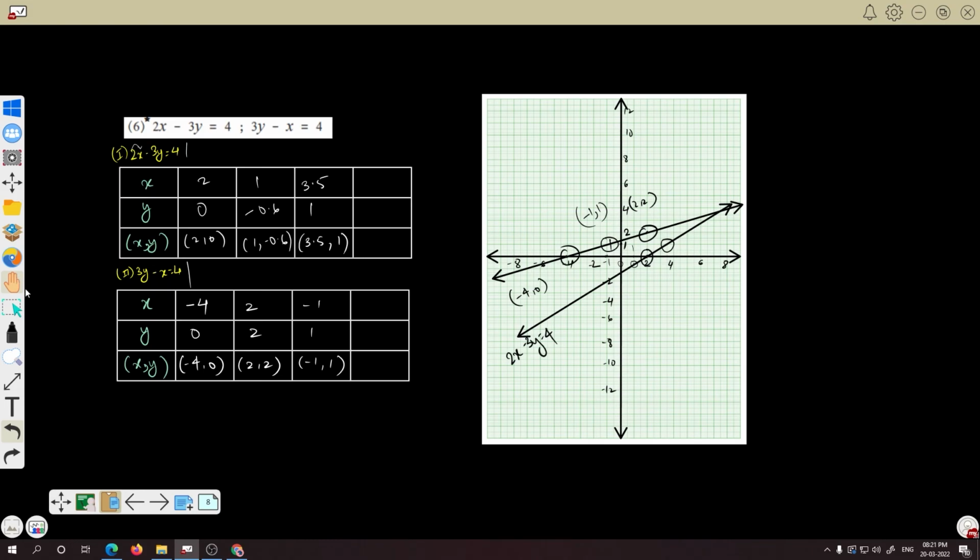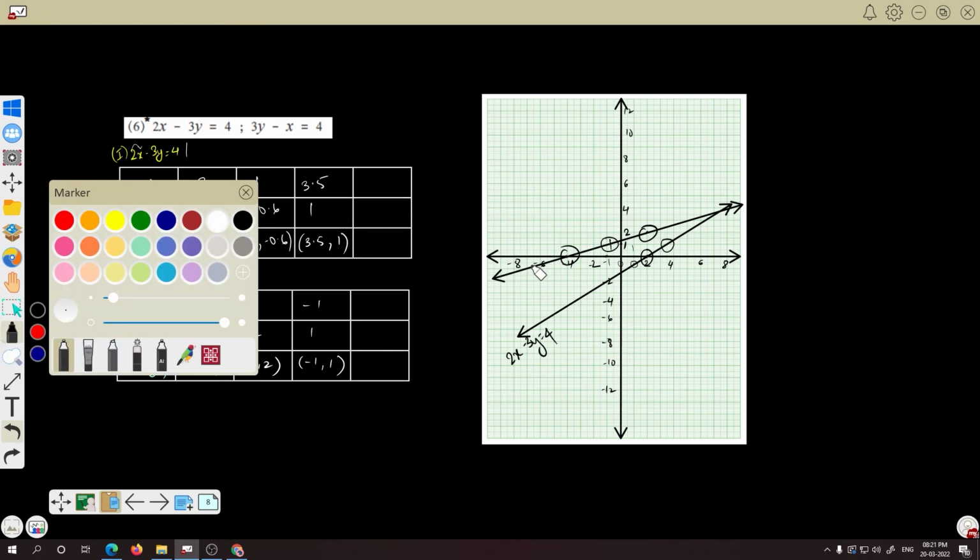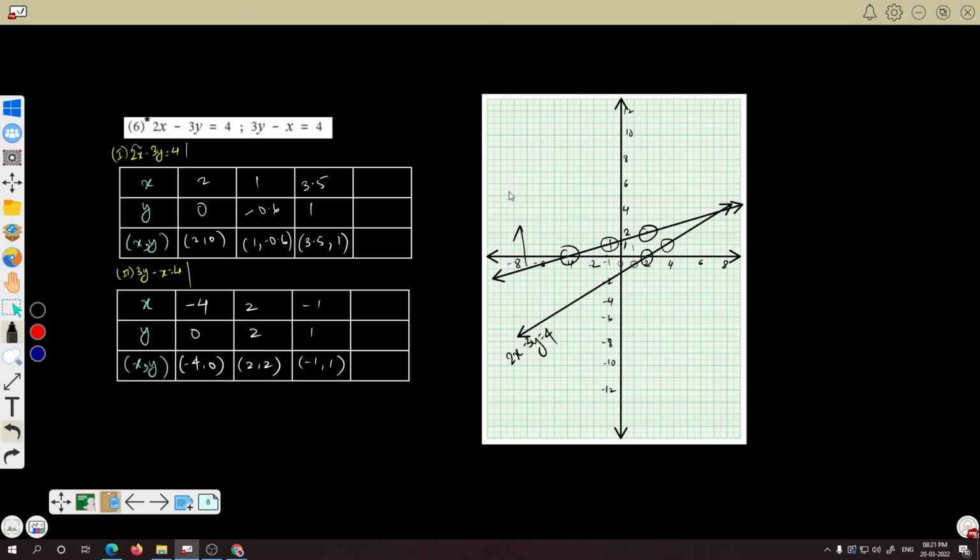I'll erase the coordinates again. We don't need this. If you look at the point of intersection, it is exactly at this point. So first we'll write the equation. This line represents 3y minus x is equal to 4.